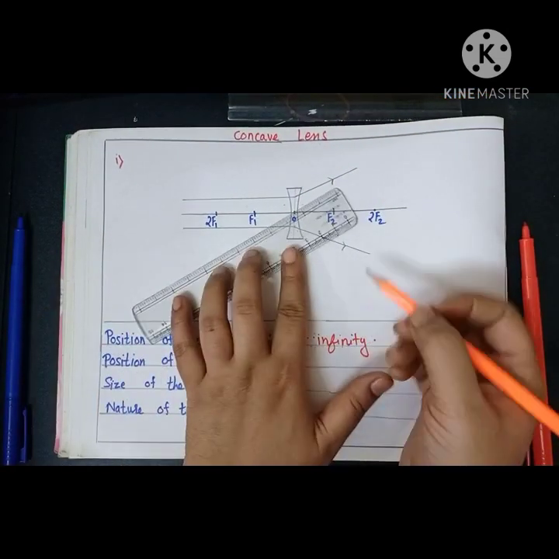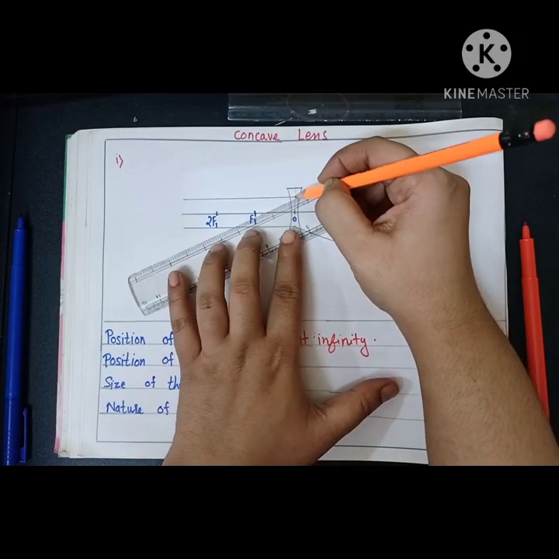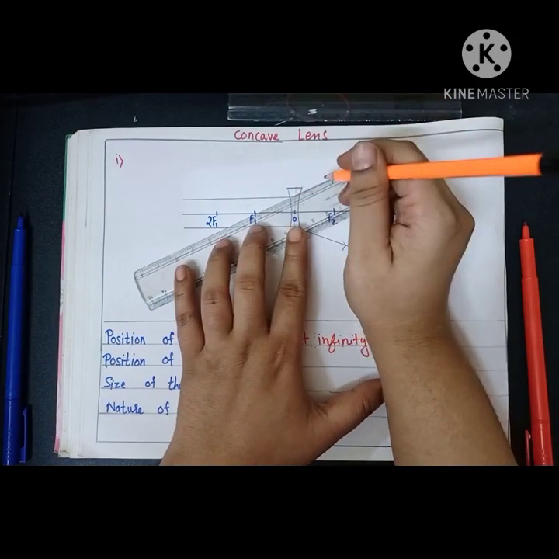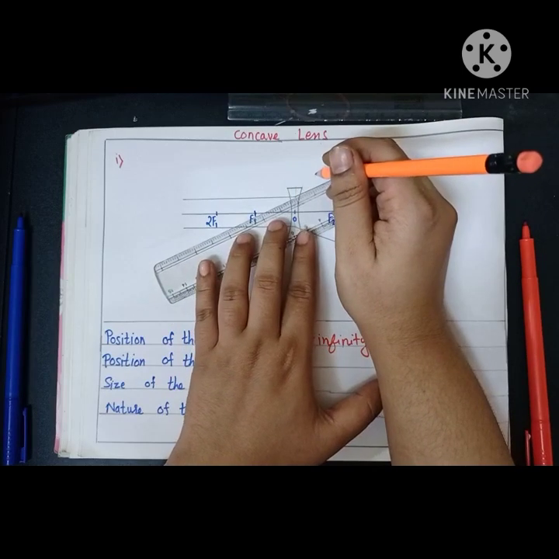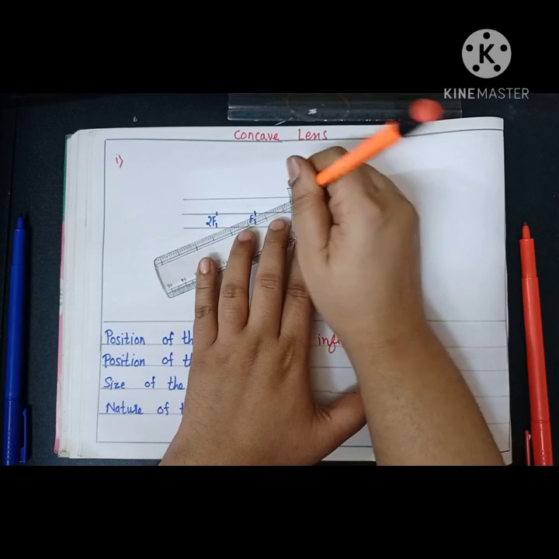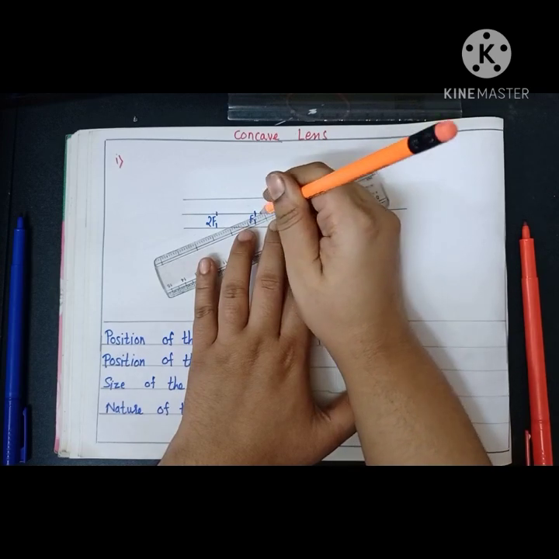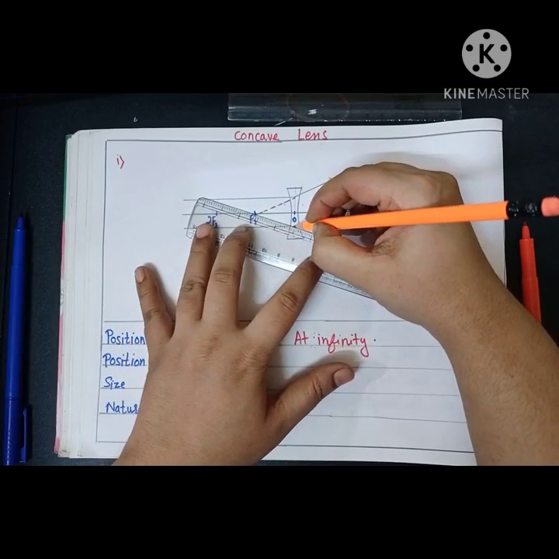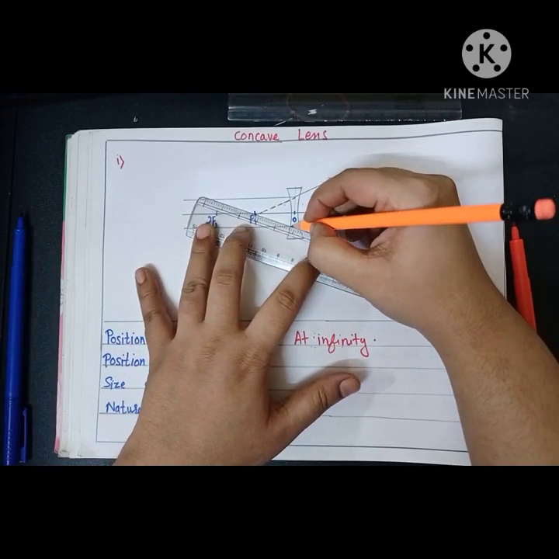When you will extend this diverging ray, you will see that it intersects at principal focus.